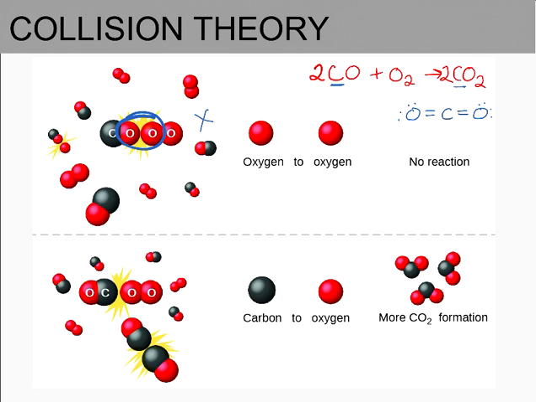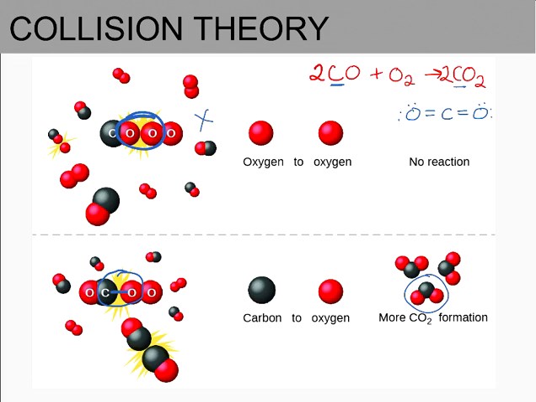But then down below, carbon monoxide is again interacting with oxygen, and the carbon atom is facing an oxygen atom from the oxygen molecule. So now that carbon can grab onto an oxygen, we'll end up with carbon dioxide.